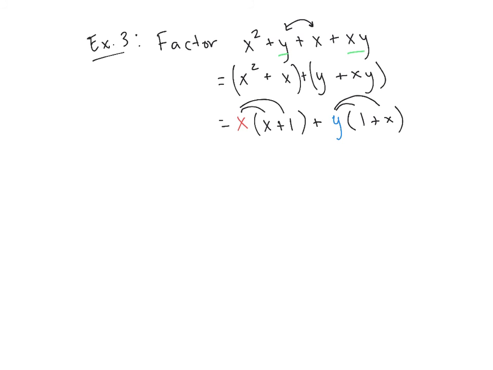Now what you should notice is these are really similar here, but they're just written in reverse. So x plus 1 is the same as 1 plus x. That's the commutative property. So I'm going to rewrite my second one as x plus 1 because they really mean the same thing. So I have x times x plus 1 plus y times x plus 1.